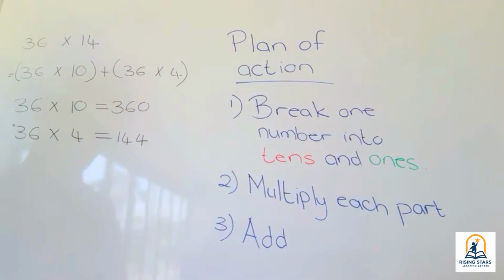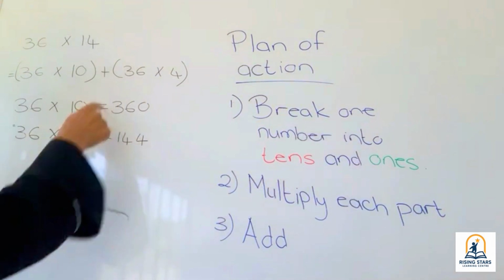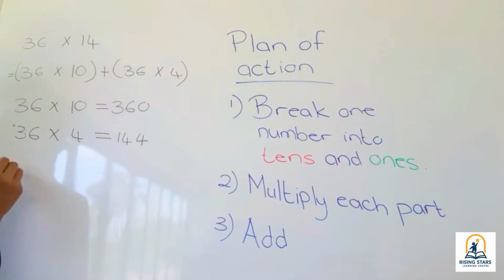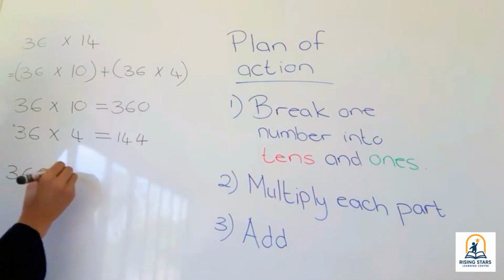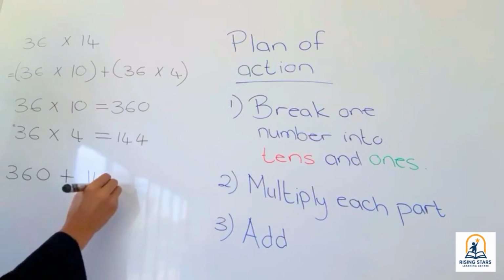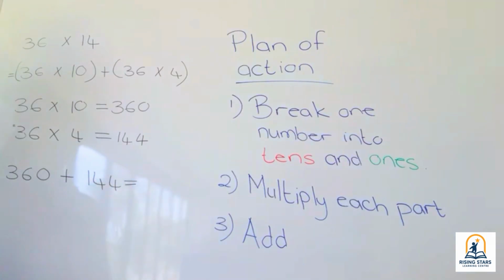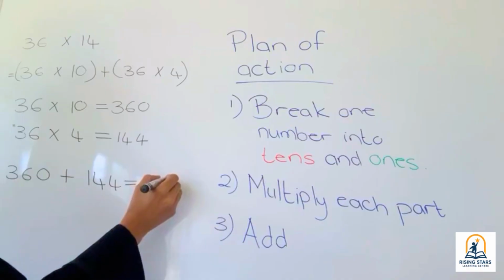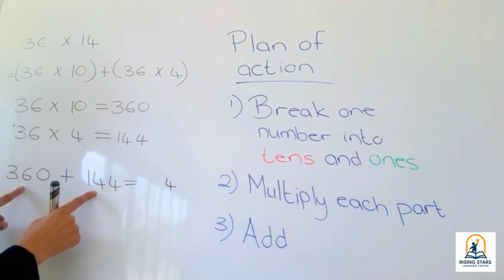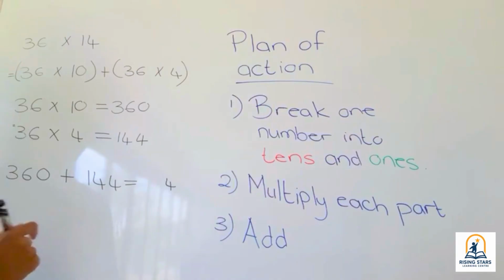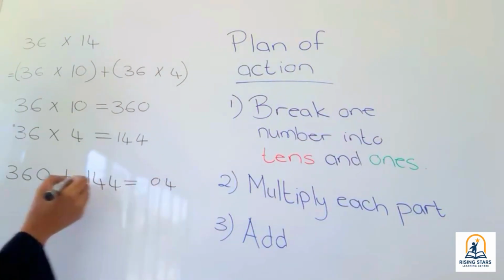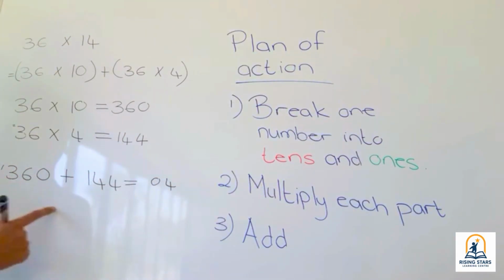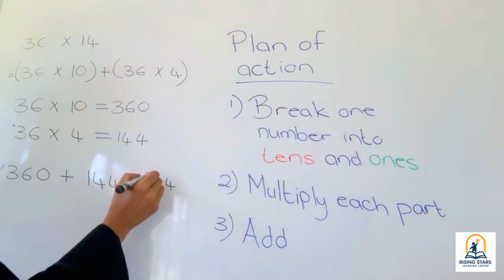Now we go to step 3. We need to add our answers. 360 plus 144 equals, let's start with the units. 0 plus 4 is 4. 6 plus 4 is 10. We put our 0, we carry the 1. 3 plus 1 is 4 plus the 1, 5.